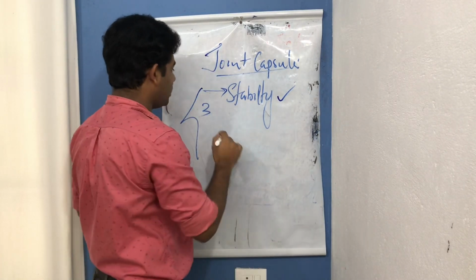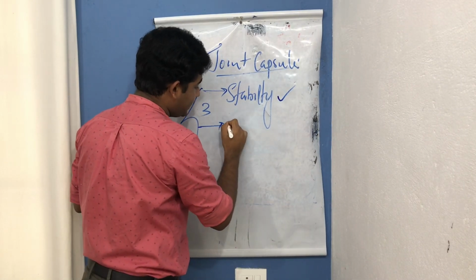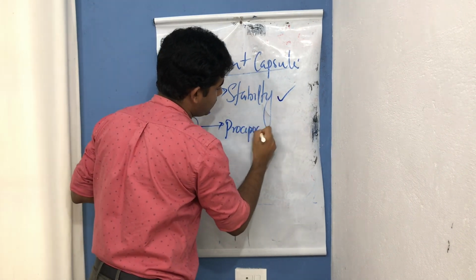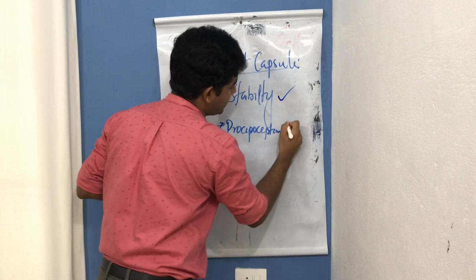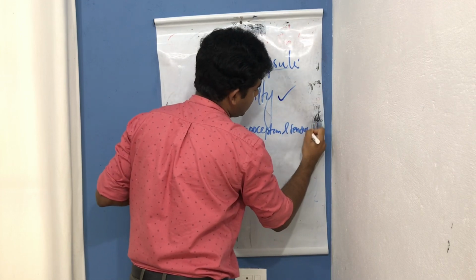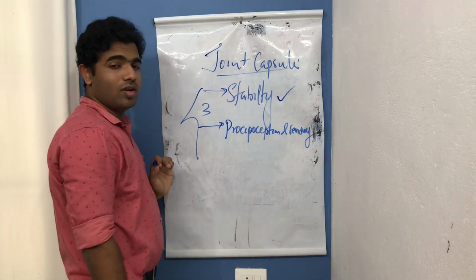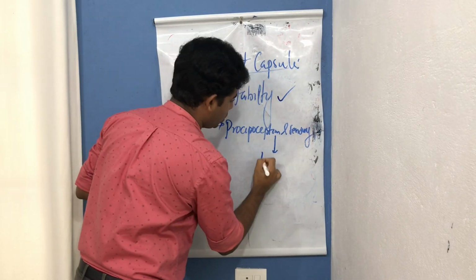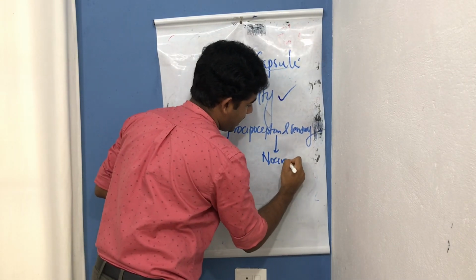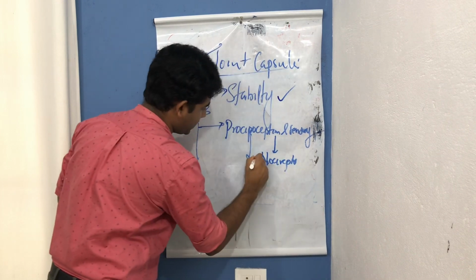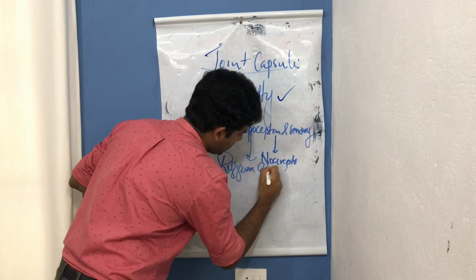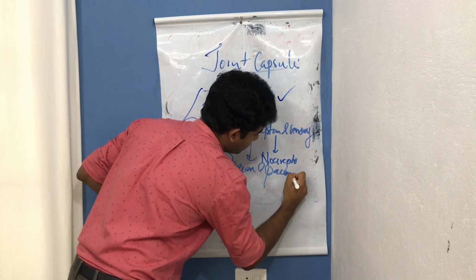The second role is in proprioception and sensory feedback. How? As our meniscus has nociceptors, here also you have nociceptors as well as mechanoreceptors, mainly the Ruffinian corpuscles and Pacinian corpuscles.